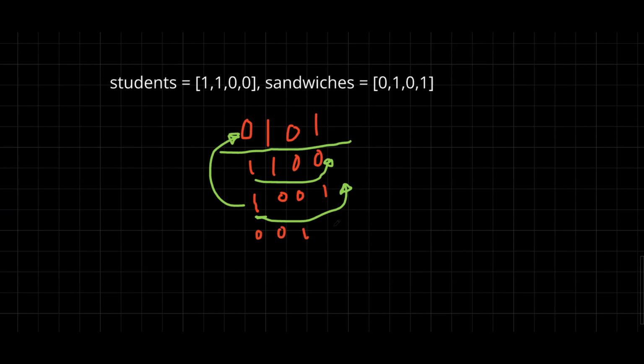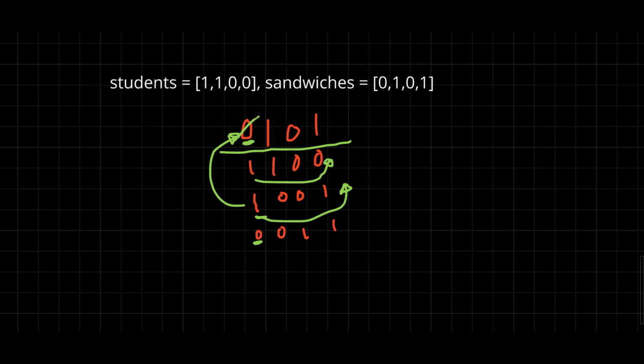So here, the student which has the preference 0 is equal to the top element of the stack, which is 0. That means it can eat one of the sandwiches.